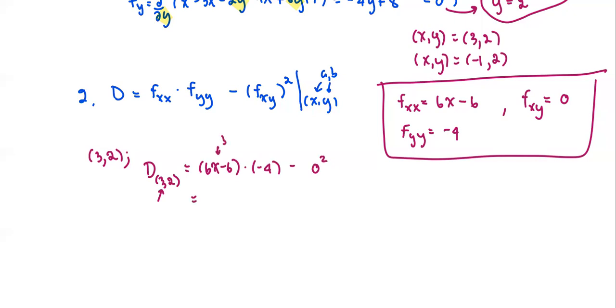So this is going to be 6 times 3, that's 18, minus 6, which is 12, multiplied by negative 4, or negative 48. Since D is negative 48, which is less than 0, we can say that at (3, 2), it's going to give you the saddle point.